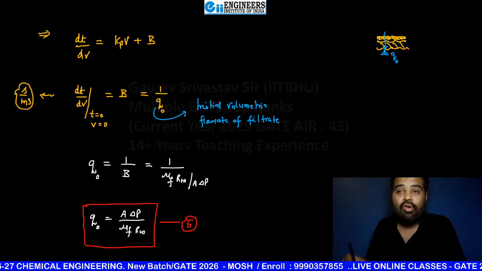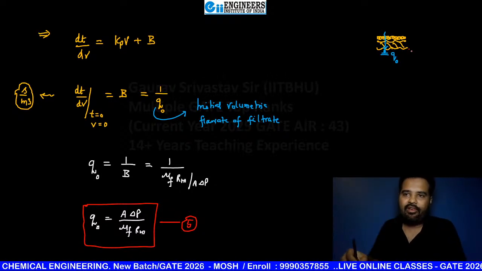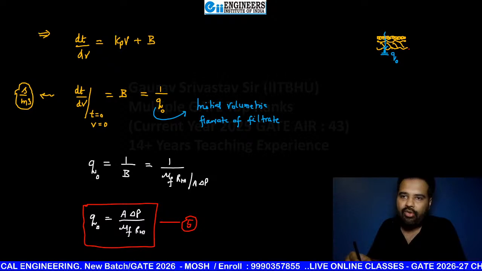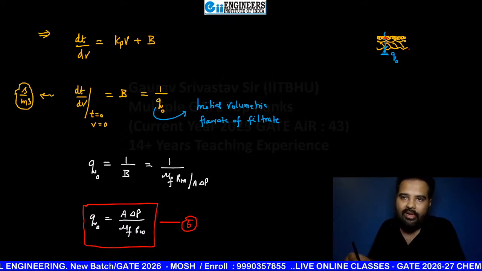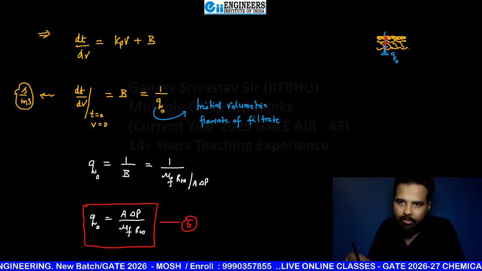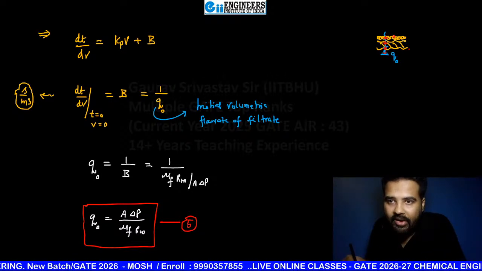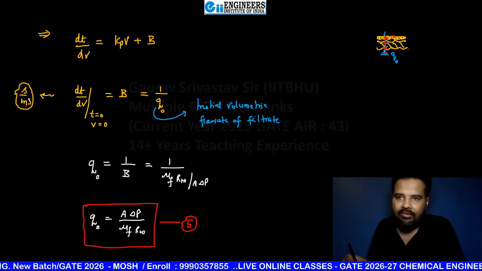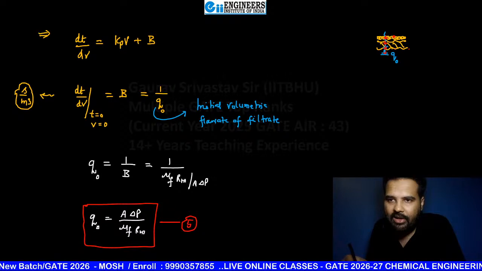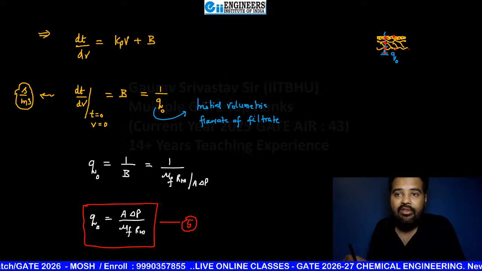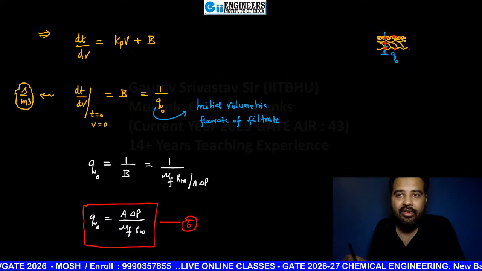When the filtration is about to start, the first drop that enters from here will be moving forward. By the law of conservation of mass, the first drop that enters here will leave here.